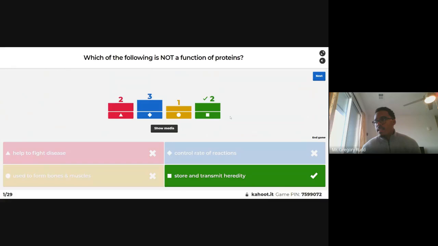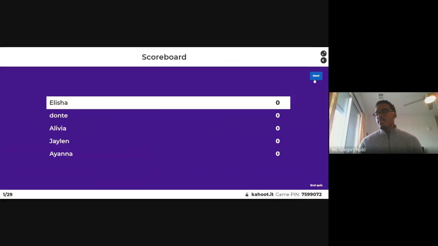Ooh, this is a tough one. So yes, proteins help to fight disease. They help to control the rate of reactions, and they are used to form bones and muscles. They are the soldiers of our four biological compounds, but they don't help us to store and transmit heredity. That is a job of DNA. Nucleic acids take care of that for us, not proteins. Good job, Alicia and Dante.